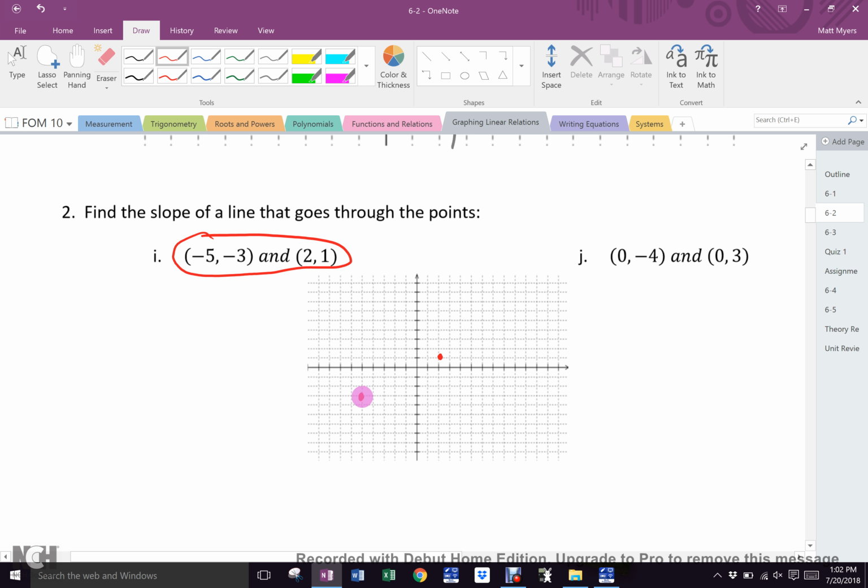What's the slope of that? Well, I check rise. 1, 2, 3, 4. Over run. 1, 2, 3, 4, 5, 6, 7. So what's the slope? 4/7.